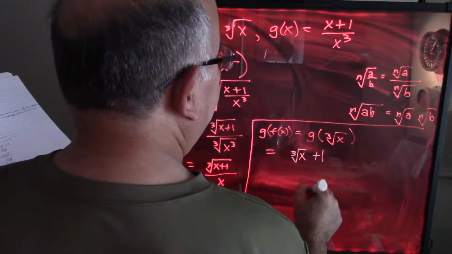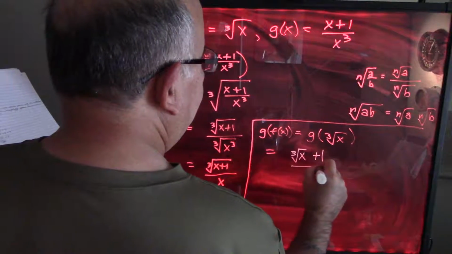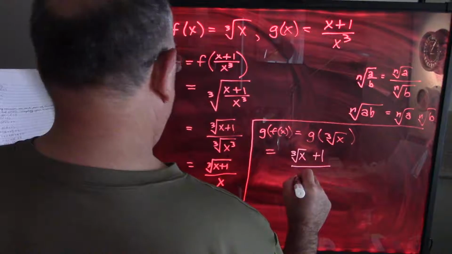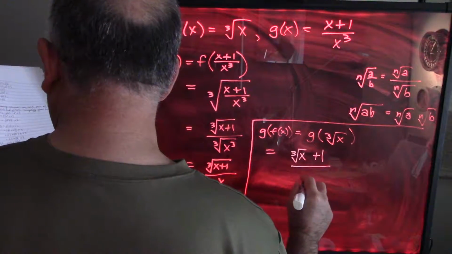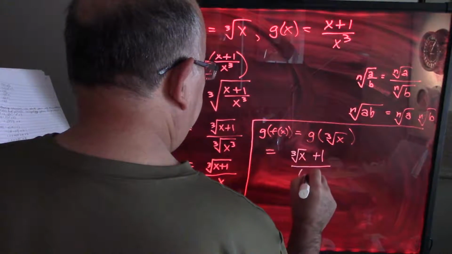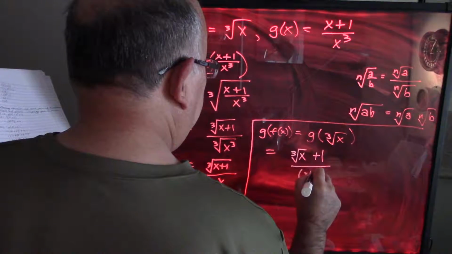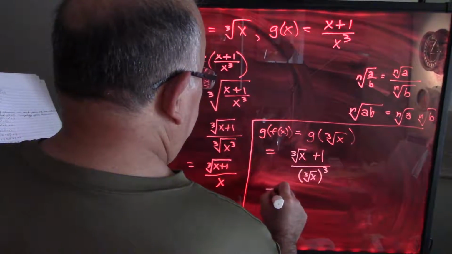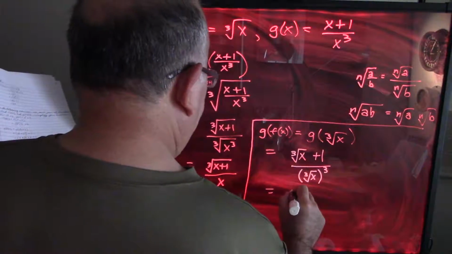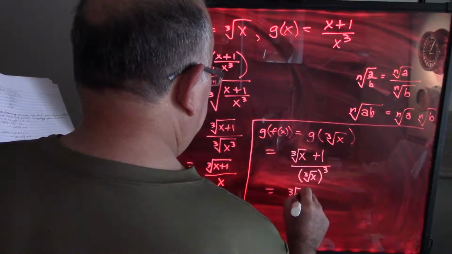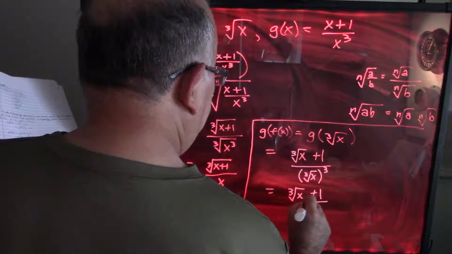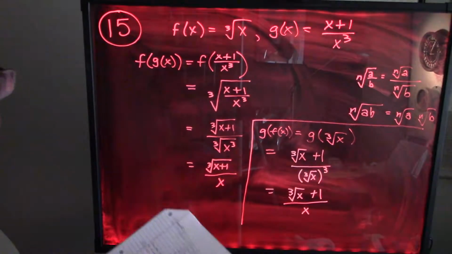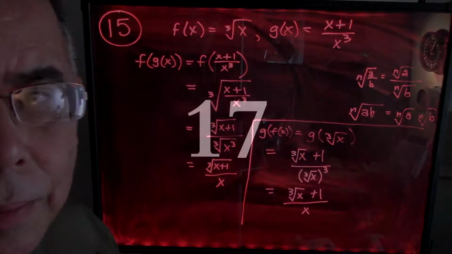The plus 1 is not under the radical, so don't do that. And then you've got the cube root of x cubed. So we have the cube root of x plus 1 all over x.